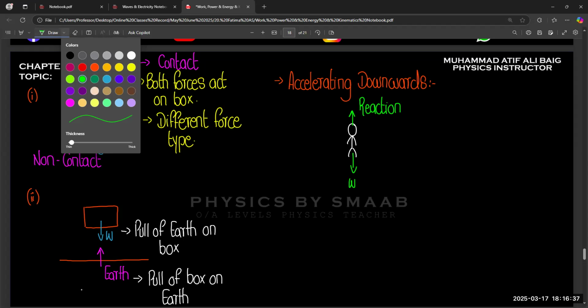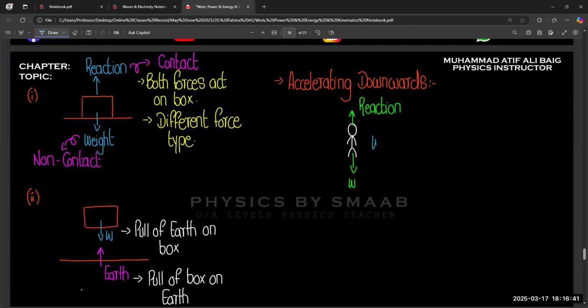And since the body is moving in downward direction, the weight of the body is greater than the reaction, because the lift is moving in downward direction, so we are moving in the direction of the weight. That's why the force of the weight is greater than the reaction force.